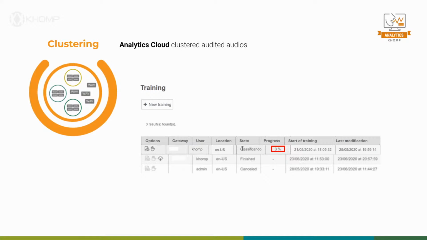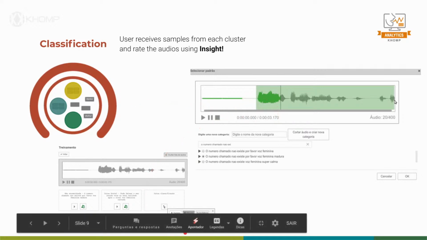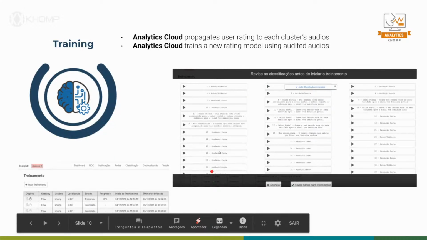So the next step is that a user needs to listen to some of the audios in these groups and classify them. For example, you are listening to an audio and there is a hello, a hi from a human.